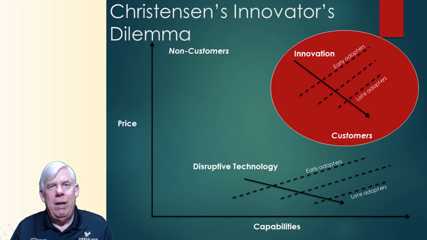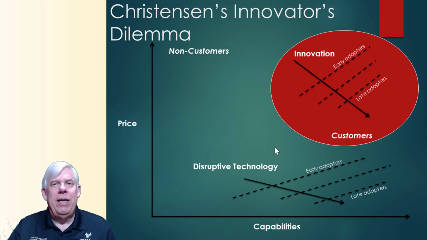Now, from time to time, particularly in technology environments, you will end up coming up with a totally different way of performing the task. And very often, when this new way comes in, it operates at a much lower set of capabilities, but also a much lower price than the original innovation.